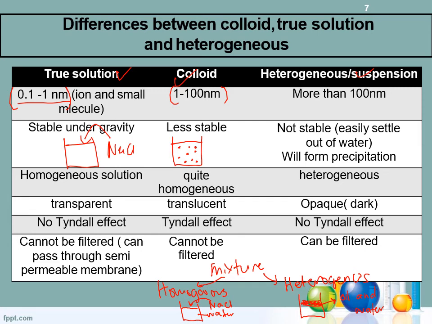For a suspension, it is a heterogeneous mixture where the particle size is more than 100 nanometers.